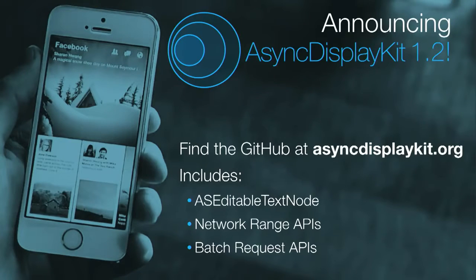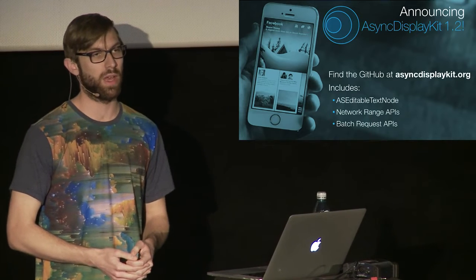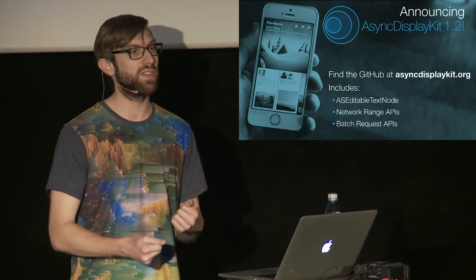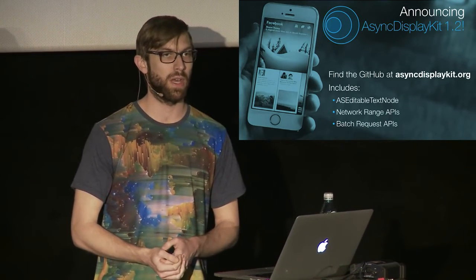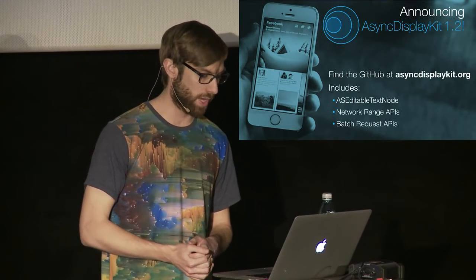And I'd also like to announce today that we're launching AsyncDisplayKit 1.2, which has a bunch of cool updates. We have ASEditableTextNode, which is basically an animation-friendly version of text field that, even as a user is typing, we can dynamically animate the text size in a way that doesn't interrupt their typing speed.